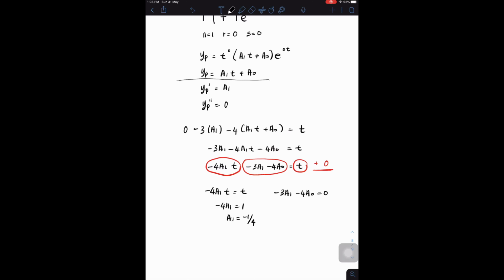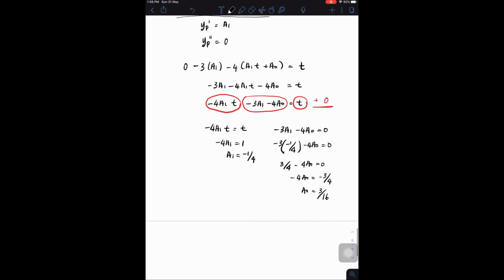We already have a1 equal to negative 1 over 4. So negative 3 times negative 1 over 4 minus 4 a0 equal to 0. So we have 3 over 4 minus 4 a0 equal to 0, so negative 4 a0 equal to negative 3 over 4, and a0 equal to 3 over 16.